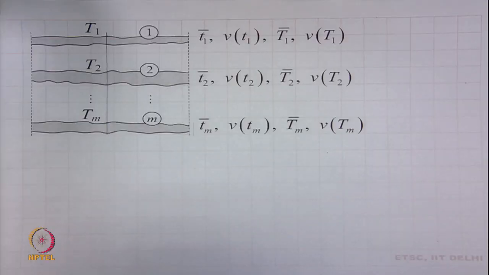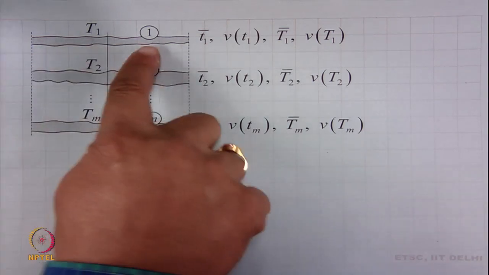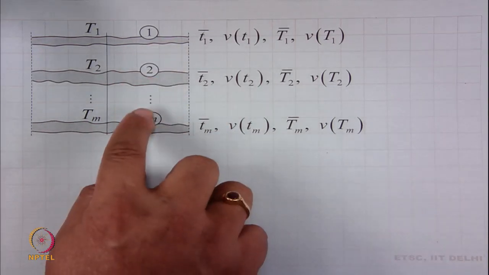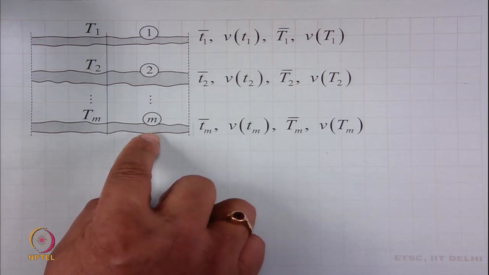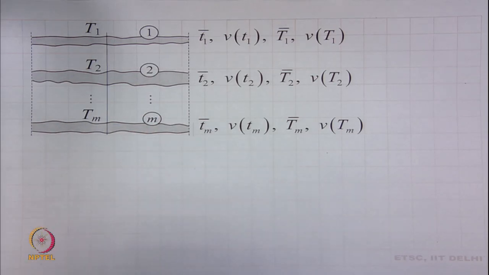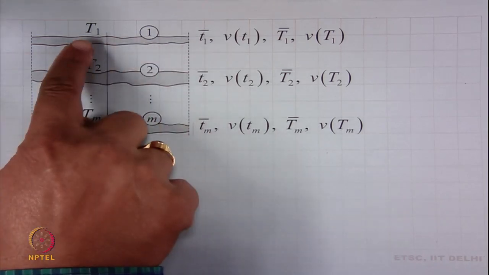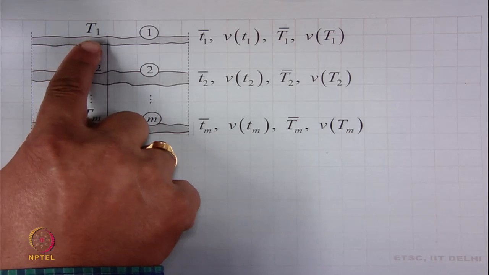What we see here is m number of slivers. This is sliver number 1, sliver number 2 and likewise till the mth sliver. The sliver fineness is denoted by T subscript 1. Of course, T 1 is a random variable.